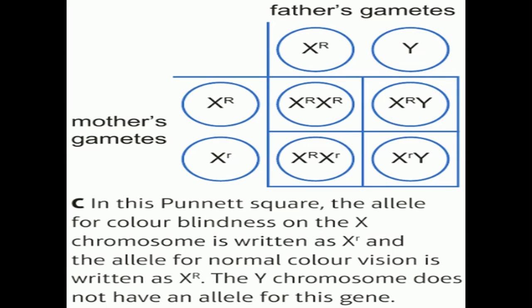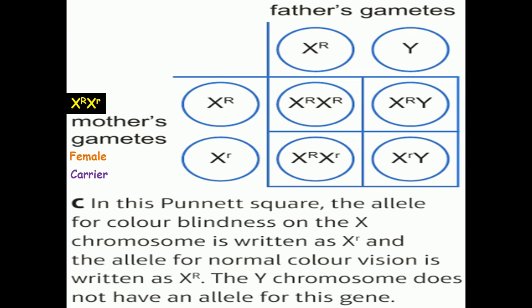So if you had to do Punnett squares, you should be able to analyze them. So you can see here, here's the mother, and the mother's genotype is X capital R, X lowercase r. So because the mother has 2 X chromosomes, we could say that the mother is female. And we could also say that because the alleles are capital R, lowercase r, that means that they are a carrier.